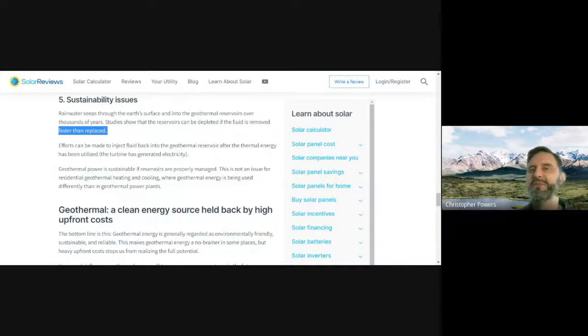But we do have the ability to replace it if you just stop using it. But there goes your investment, or part of it. Time is money. Efforts can be made to inject fluid back into the geothermal reservoir after thermal energy has been utilized. Geothermal is sustainable if reservoirs are properly managed.